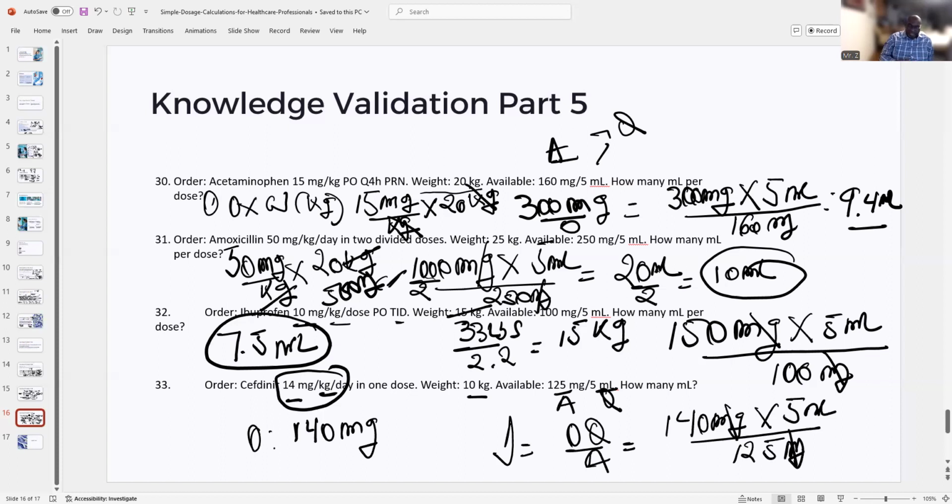The milligrams cancel out, so you got 140 times 5 divided by 125. So you got 5.6 milliliter. Do not round this unless you have been told to round it, because you can actually draw 5.6 milliliter from a syringe. Any question?